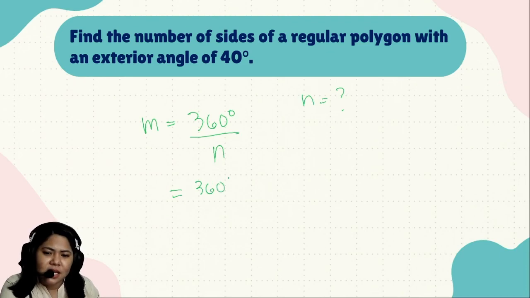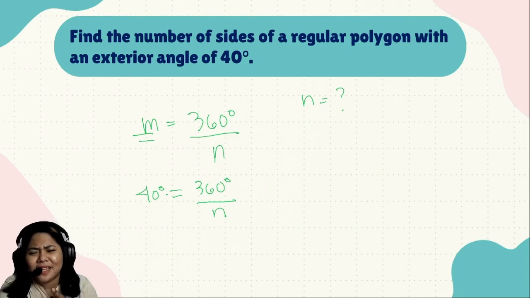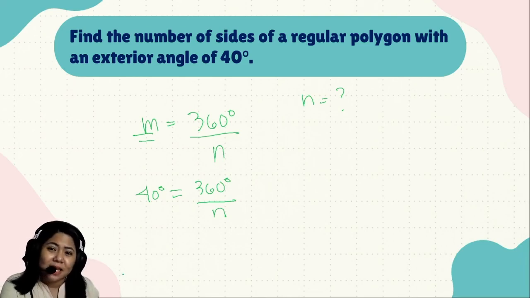So, 360 degrees divided by n, si m, yan yung 40 degrees. Or yung measure ng each side. Paano gagawin dito? Teacher, nawawala si n. Di ba sabi mo, pag naghahanap tayo ng value ng variable, we always isolate that variable. Kaso lang nasa baba si n. Or naka-division si n. Pinang-divide si n kay 360.